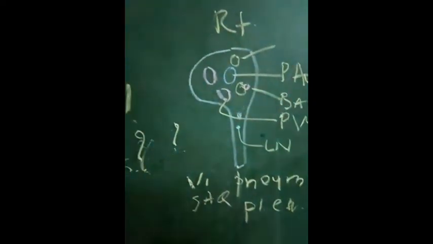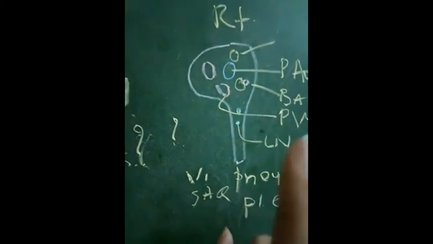Rest, I want you to draw the diagrams which I have given in the PowerPoint presentation and attend the lecture completely for at least 1 hour. This is a big lecture.